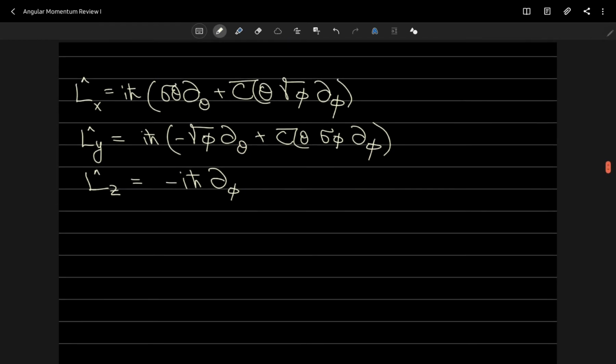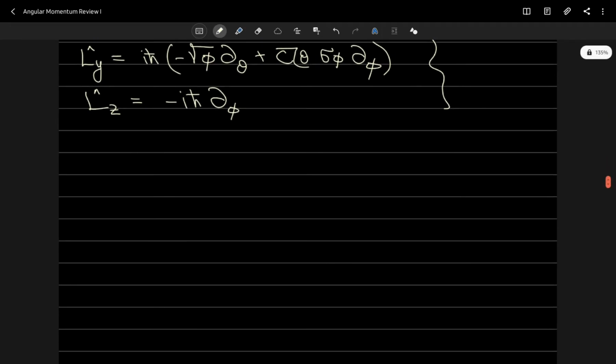Now from this set of equations we can easily obtain what is called the ladder operator, right? And the ladder operator is used to, well, add to a state or remove from that state. So let me write this thing down.